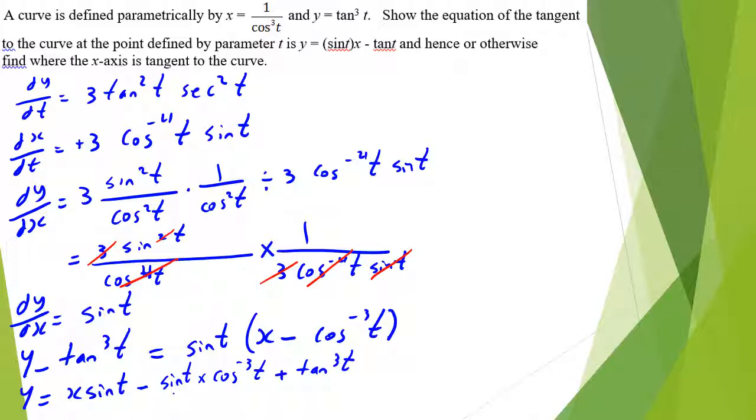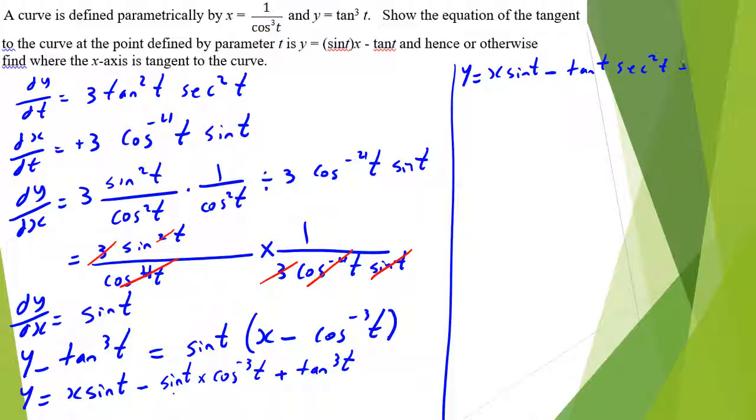Now because it's the answer here, I need to have tan. I've got this term, but the other term is tan by itself, so I need to have tan as a common factor. And sine over cosine is tan. So I will rewrite this and continue on this side. X sine t is the same, minus, I will rewrite the sine over one of those cosines to be tan t. The other square of the cosine, 1 over cosine square, is sec square t, plus tan cubed t.